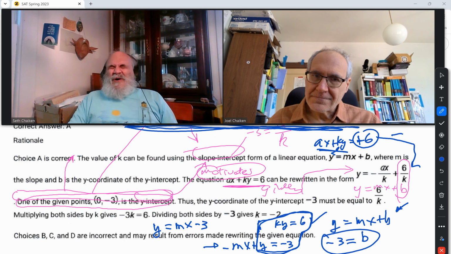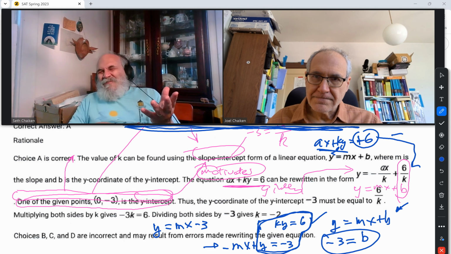What could you do with equations? One is, if they give you an equation, you could say something about its solutions, either geometrically or algebraically. What else can you do?